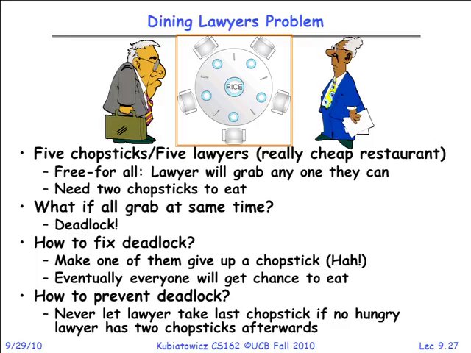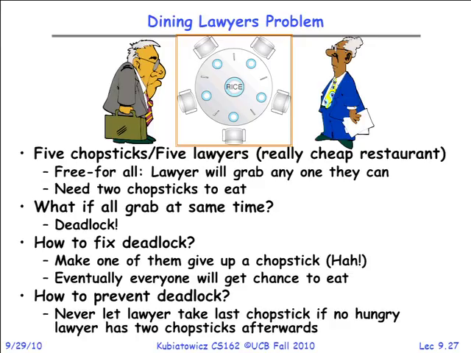Anytime you're about to do that, I'm going to stop you until those conditions go away, and then I'll let you go forward. By looking ahead and forcing these lawyers to follow this constraint, the banker can prevent deadlock from ever happening. That's what the banker's algorithm is about, and it's a method of preventing deadlock rather than letting deadlock happen and having to use Godzilla to resolve the deadlock.